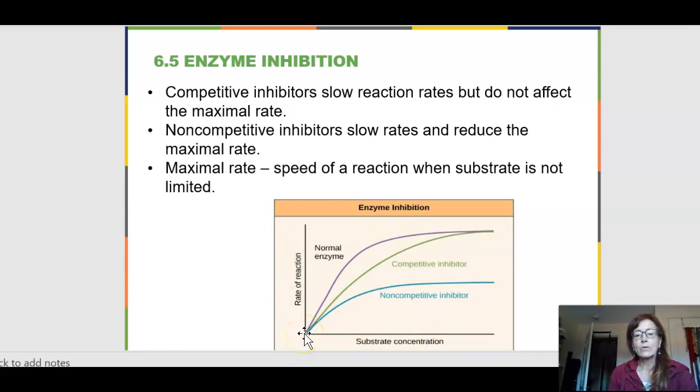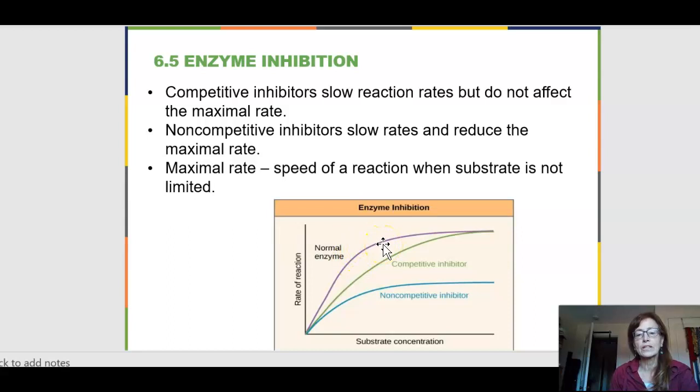But now we're starting to get more and more substrate. As substrate concentration increases, in other words, we're getting more of that polysaccharide, we're starting to see that the enzyme is getting busier and is able to have a quicker reaction. So the rate of reaction increases.